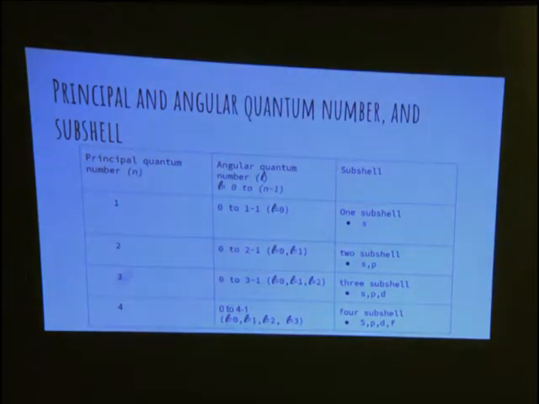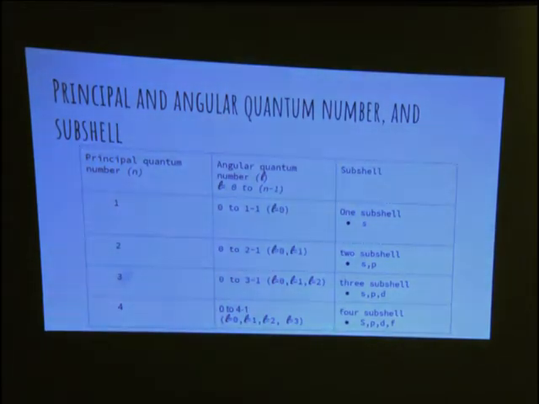So when principal quantum number is 1, the angular quantum number will be equal to 0 to 1 minus 1, giving you a value of 0. So what is the value of subshell here? How many subshells are there when the principal quantum number is 1 and when the angular quantum number is 0? It shows that there will be only one subshell, and that one subshell is s.